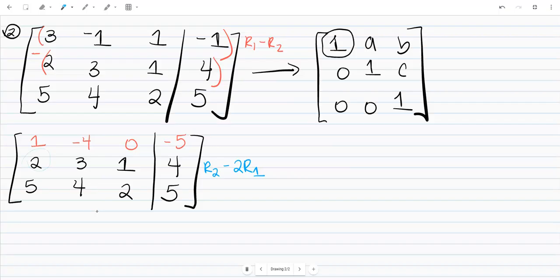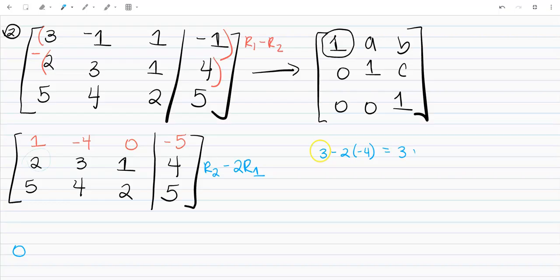When we do that, we start with 2 and go backwards to row 1. So that is 2 minus 2 times 1, which is 0. So my second row now starts with 0. Then I have 3 minus 2 times negative 4.